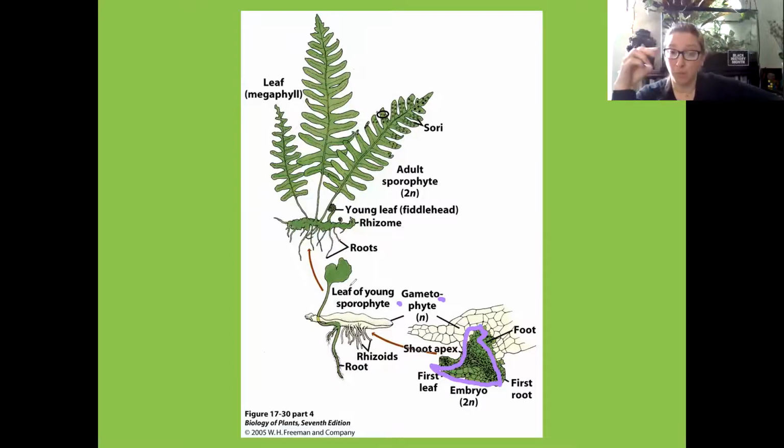But even though it's briefly attached, the sporophyte plant is not dependent on it, because as soon as the sporophyte plant makes a leaf and one root, then it can get its own food and water, and so it doesn't need the gametophyte plant. And then the sporophyte plant will grow into a mature sporophyte plant. And then we're back at the beginning.